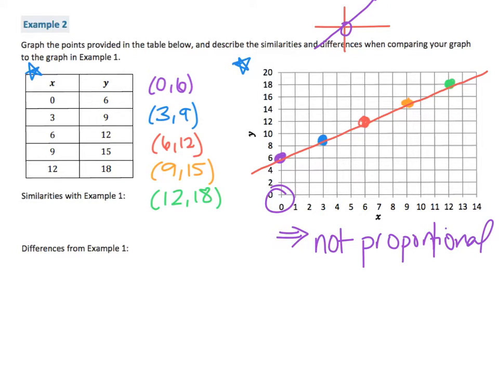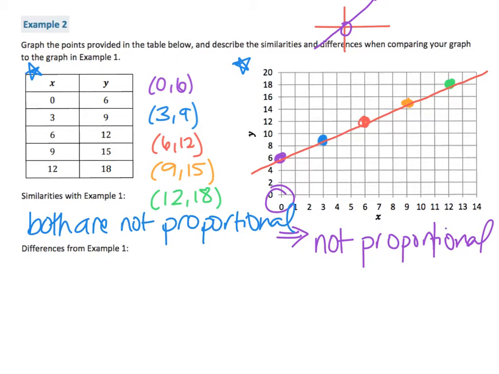However, it had half of what we needed for a proportional graph. So if we answer these questions, what's similar about this graph compared to the first one we did? Well, they're both not proportional. But what are their differences?